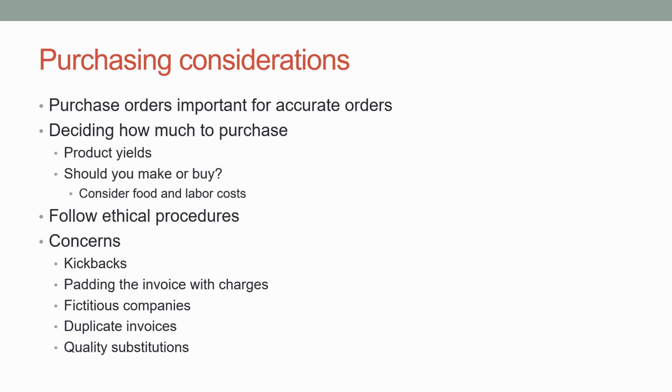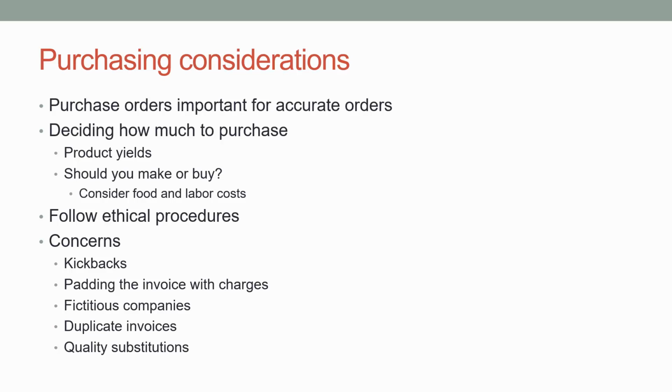Is it worth your employees' time to make the rolls, or should you just buy the rolls? Consider food costs, labor costs, the skills of your employees, and the space available to you in your operation. All of those things are going to come together to make the best decision for your facility on whether you should make or buy that option.